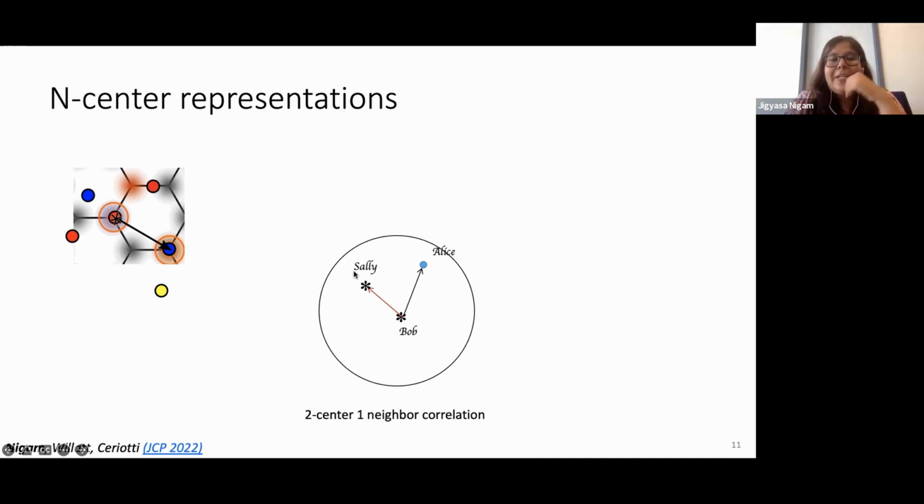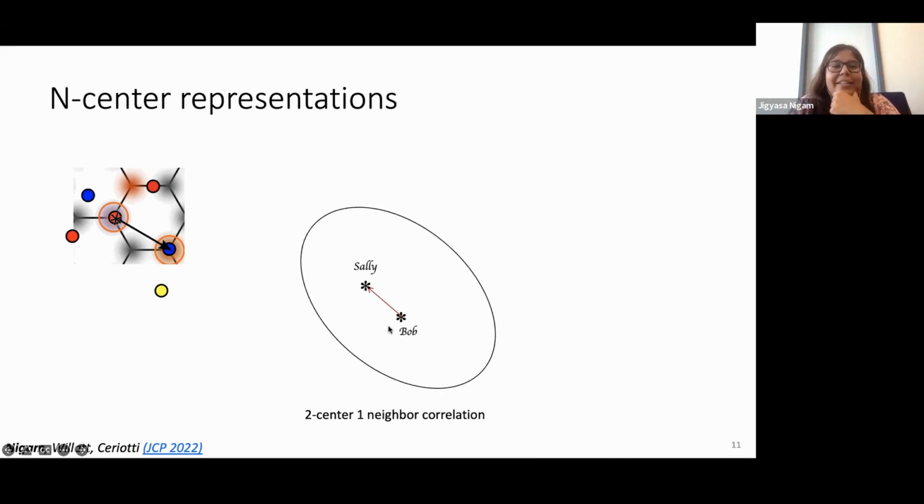One way to do this is to consider the influence on their relation by Bob's friends. You can think of how Alice contributes to the pair relation of Bob and Sally, or how Jim contributes to this relationship. What you get is a two-center, one neighbor correlation, because you're looking at two centers and only considering one neighbor.